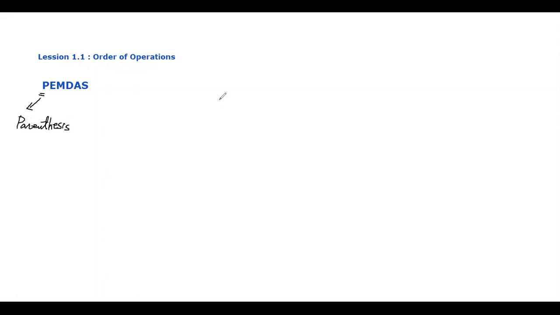So the P is parentheses, and maybe I should write it out like this. That means the parentheses take the priority. Then E is the exponents.